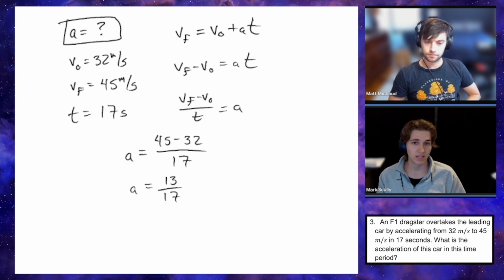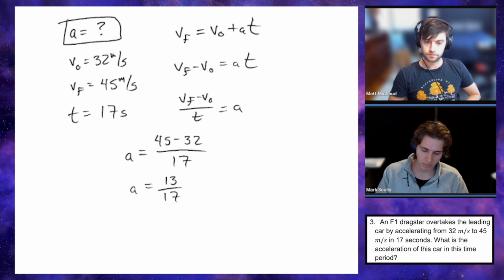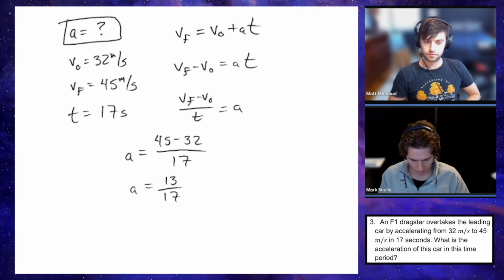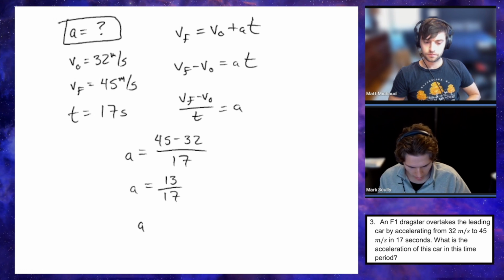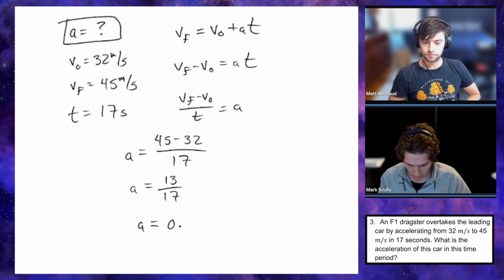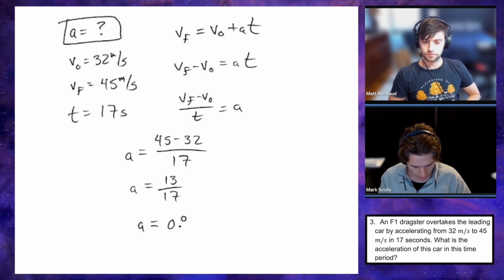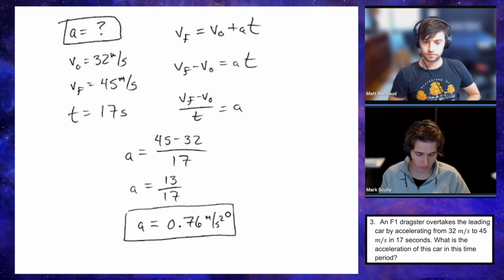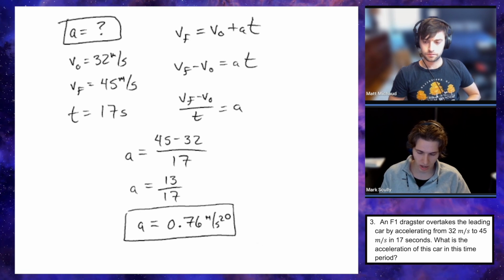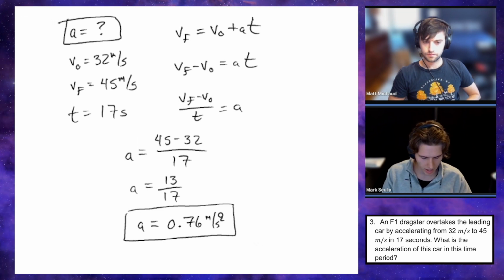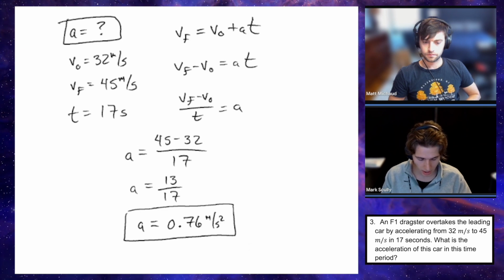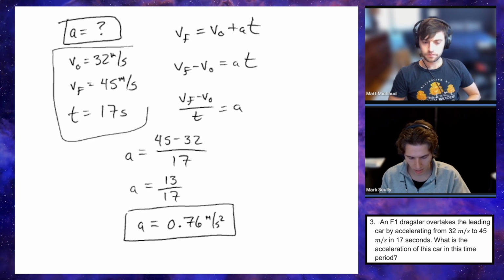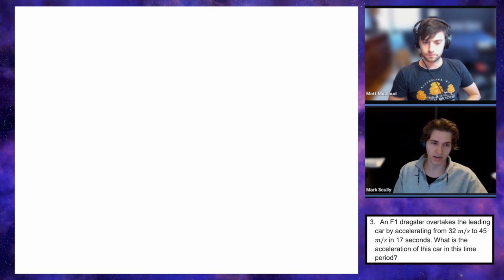Now, we could spend some time and do some long division here, but I'm just going to plug it into my calculator. 13 over 17, and I'm going to get it in decimal form that the acceleration is equal to 0.76 meters per second squared. It's meters per second squared because it's the acceleration, and those are always the units for acceleration. It's distance over time squared, and I'm using two significant figures because that's what we were given in our initial problem. Okay, let's do the next one.